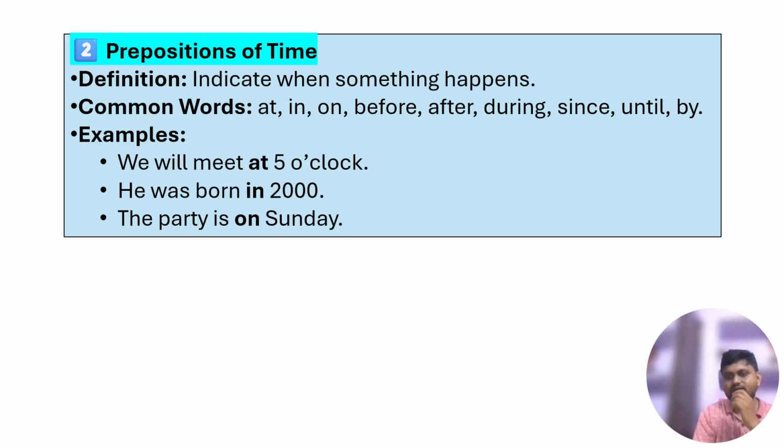And the word on is usually used for days and dates, like Sunday is a day. So we will say that a party is on Sunday. These are the most commonly used prepositions used for time.